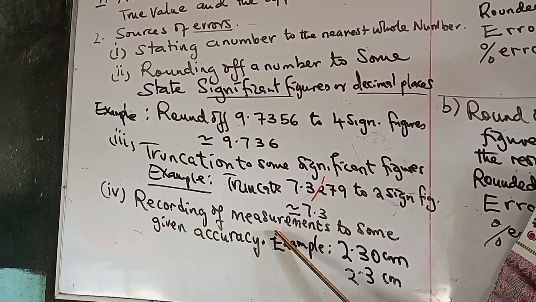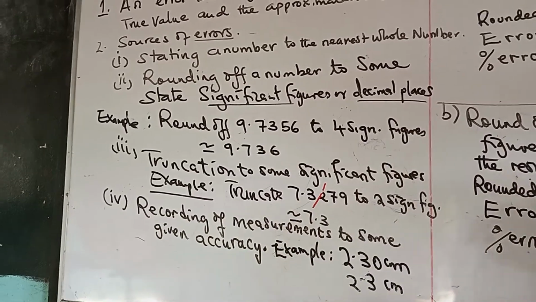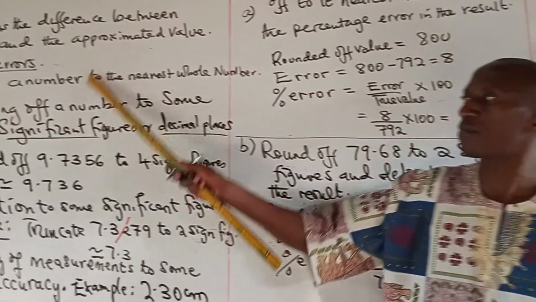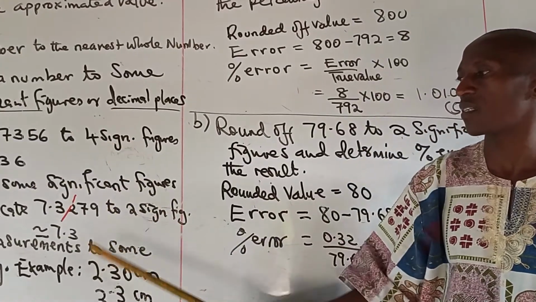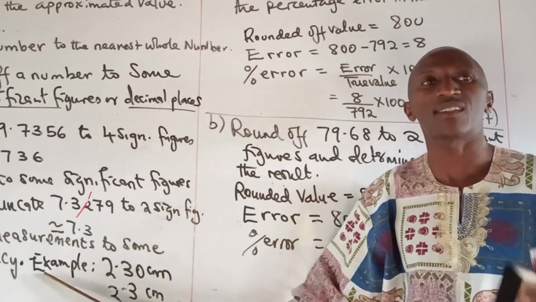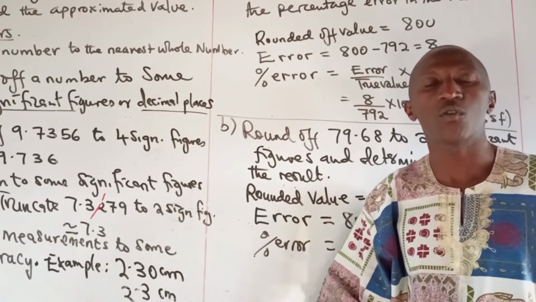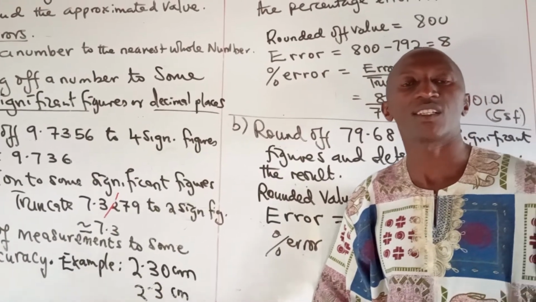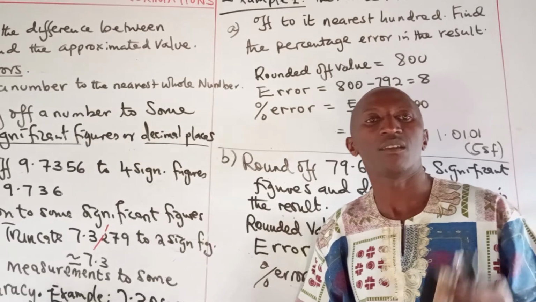This part, you'll find that it is slightly different from the first 3 in the sense that the measurements have an attachment of to what accuracy was that done. So we move on to part 2, errors in measurements.